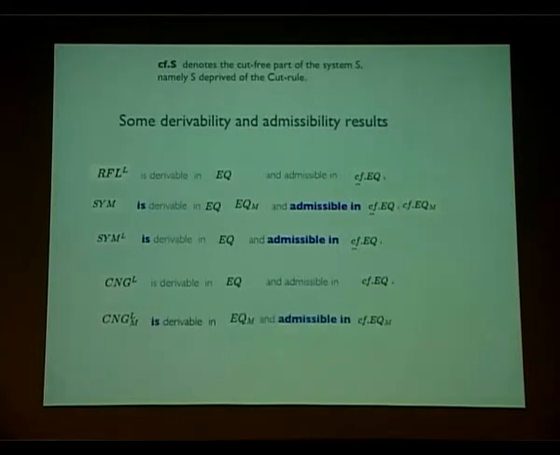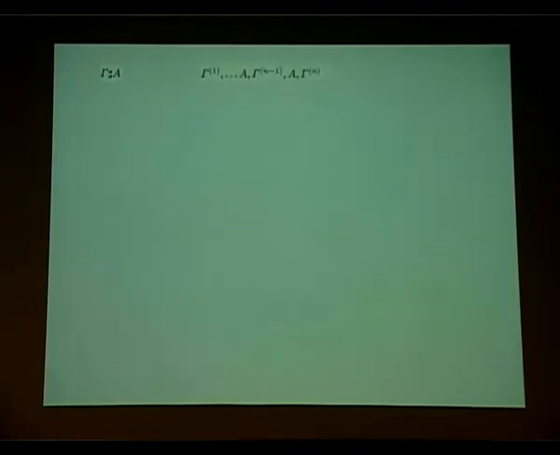And just to give you the idea of how these proofs go, I spent a minute showing this last. The left congruence rule is admissible in the monic equational calculus. It goes like this. Well, the contraction rule is there, so you have to take care of multiple occurrences of the formula you are interested in.